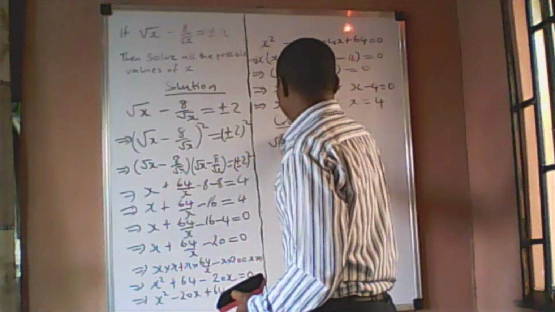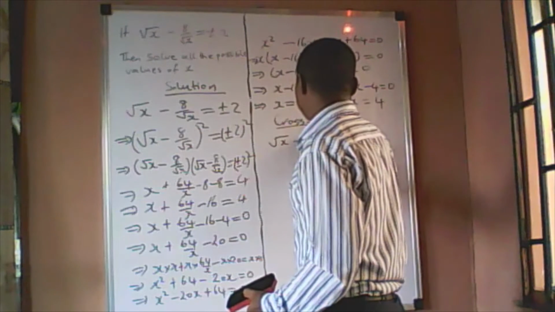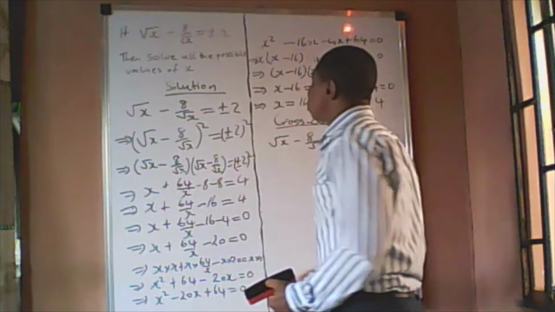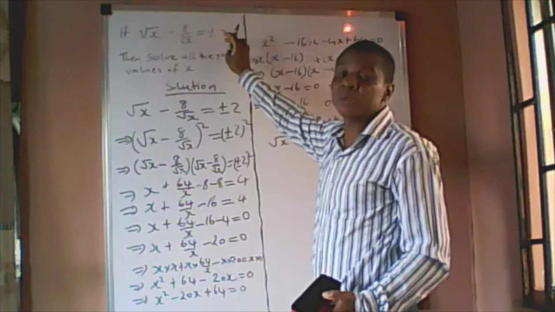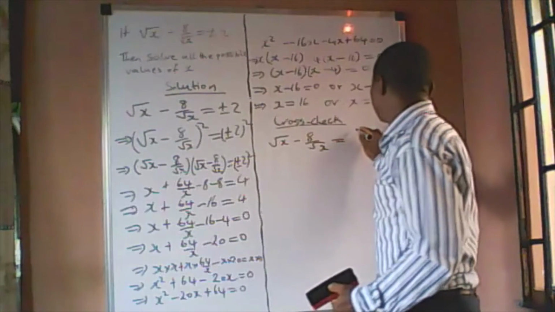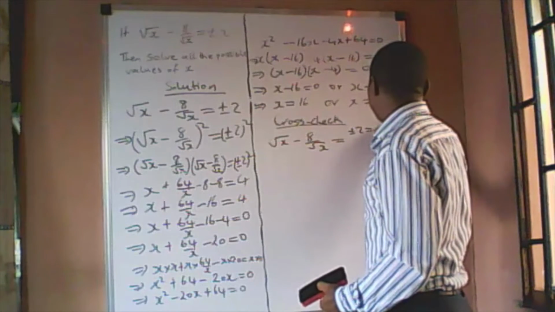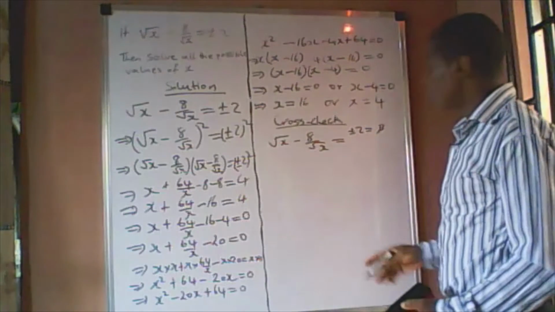We have root x minus 8 over root x equal to plus or minus 2. Let's call this plus or minus 2 equal to beta.